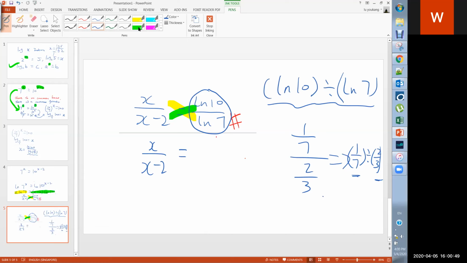But with this, when you key into the calculator, you really want the calculator to take ln 10 as a block. That means: calculator, please help me find out what is the value of this. And then, please help me find out what is the value of this. And then you use this value and divide by this value.